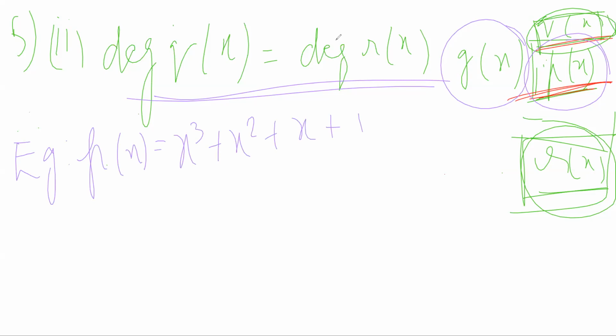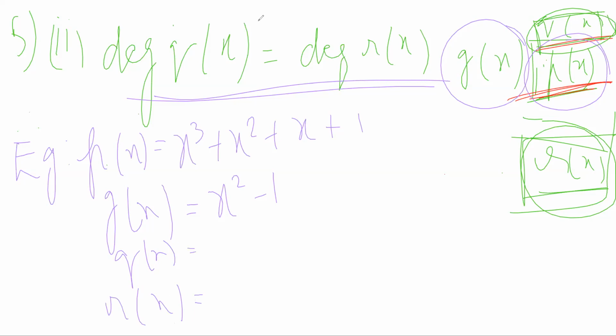Now let's take g of x to be x square minus 1. So the condition is that the degree of q of x and the degree of r of x must be equal.